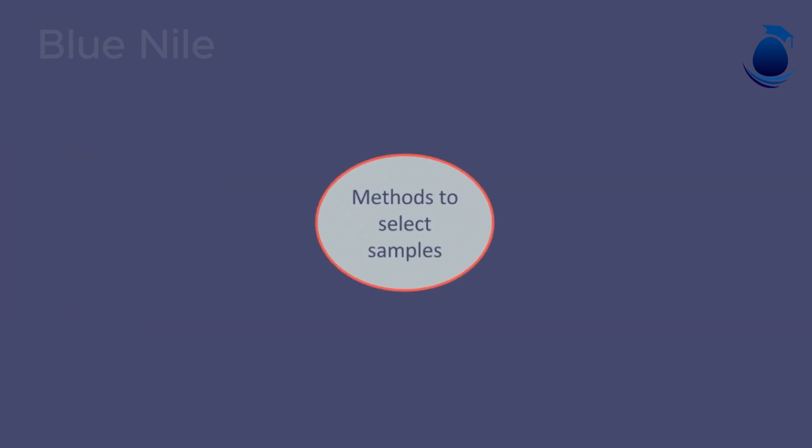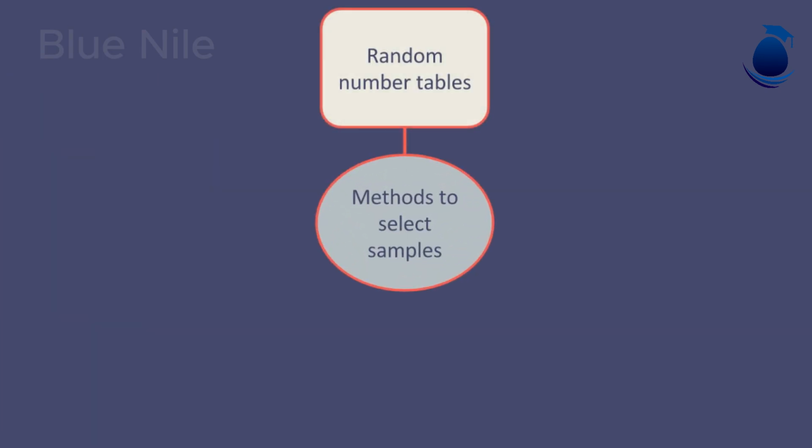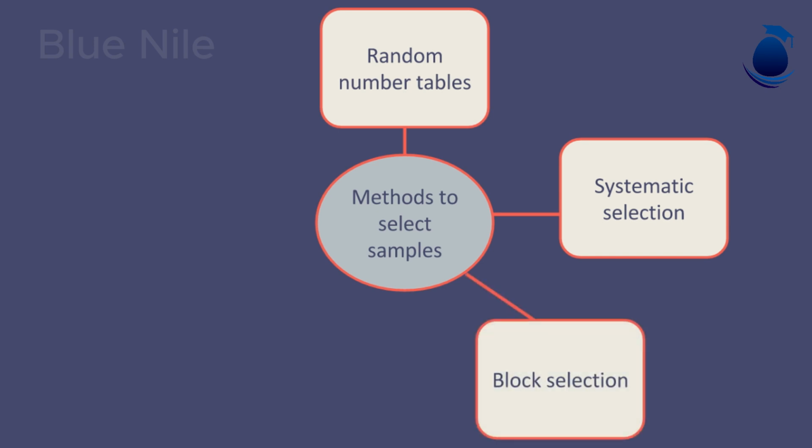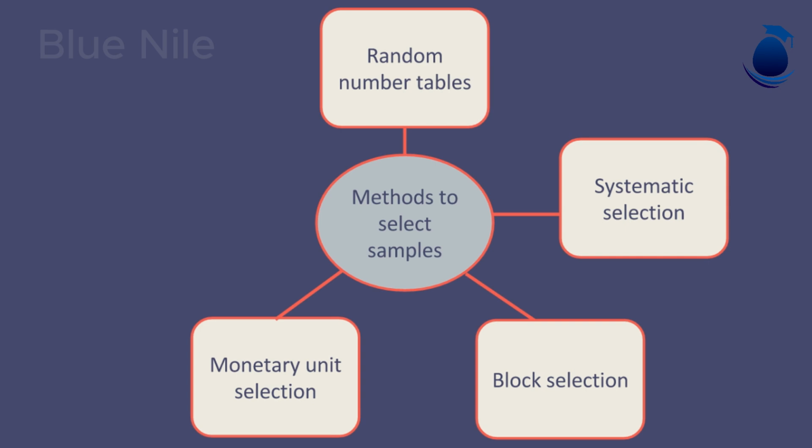Methods commonly used by the auditor to select samples are random number tables, which select the transaction numbers on the list to choose; systematic selection, where the transaction is selected across the population using an even pattern, for example, every 10th balance chosen; block selection, where transactions are selected from one period in the financial year, and cutoff testing is an example of this; monetary unit selection, where the largest balances in transactions are selected to test.